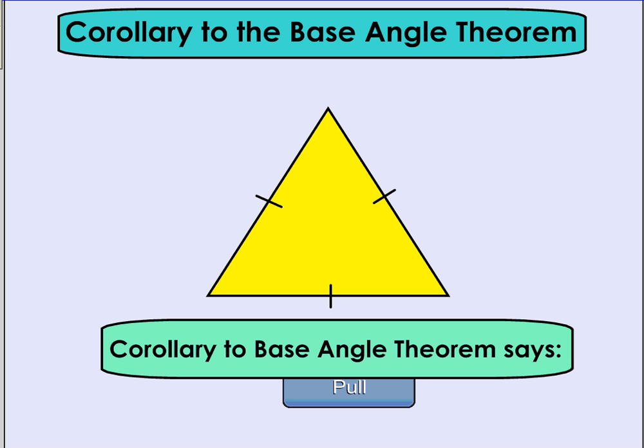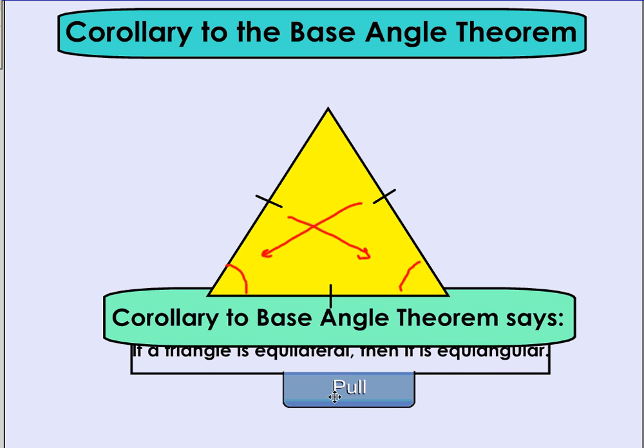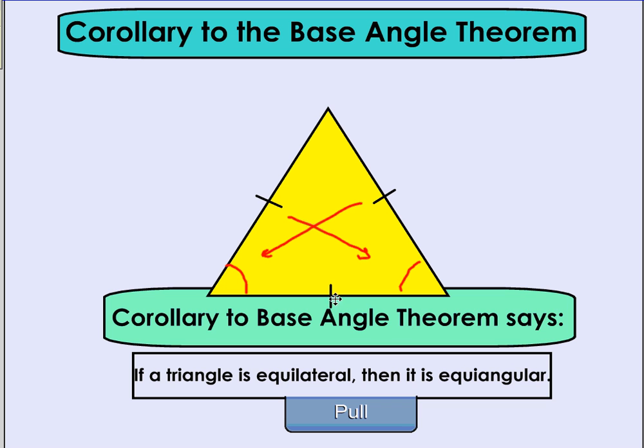Now we also have a corollary to the base angle theorem. A corollary is a rule or another theorem that follows from a previous one. Our base angle theorem said that if I have two congruent sides, then the angles opposite them will also be congruent. What the corollary says is that if you have an equilateral triangle, then it's equiangular.